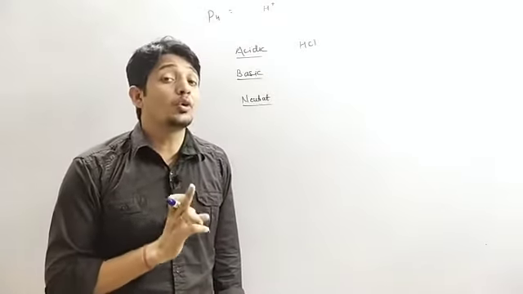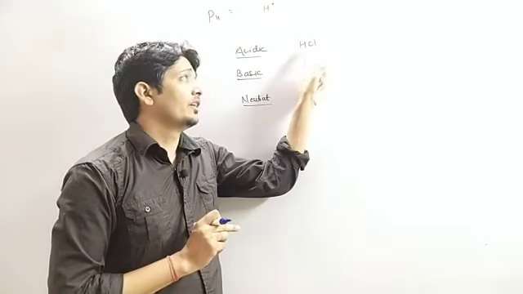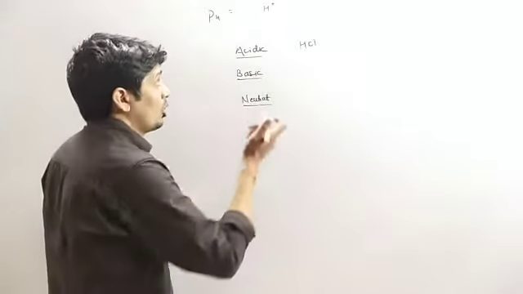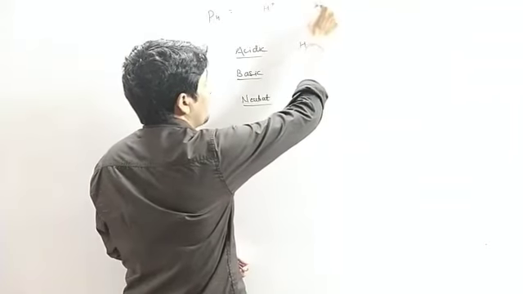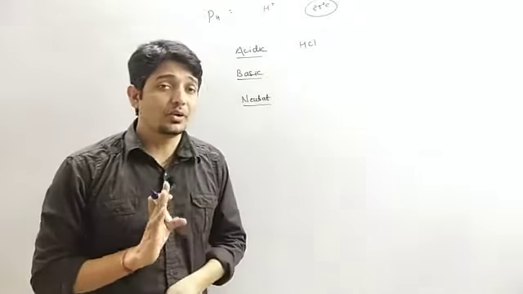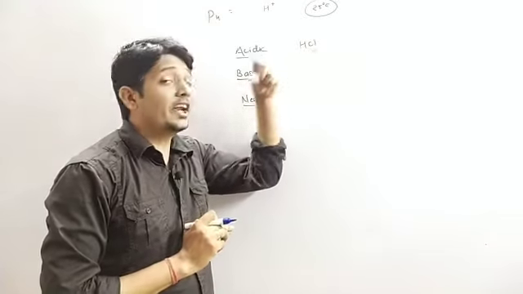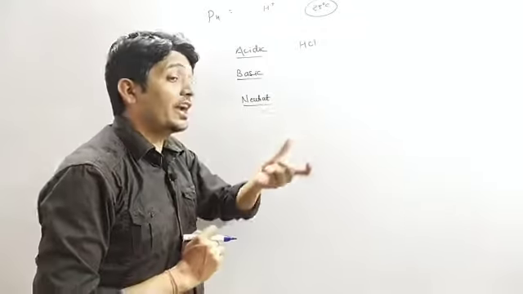If we dissolve this acid in water at normal temperature, meaning we have to consider 25 degrees Celsius, the normal room temperature, then HCl dissociates to form H positive ions.